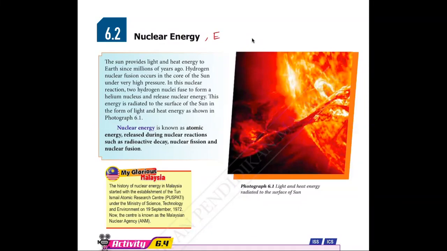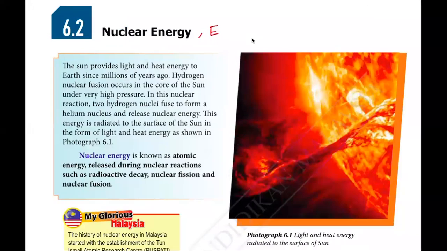On page 208, the picture shows the sun. The sun provides light and heat energy to Earth since millions of years ago. Hydrogen nuclear fusion occurs in the core of the sun under very high pressure.